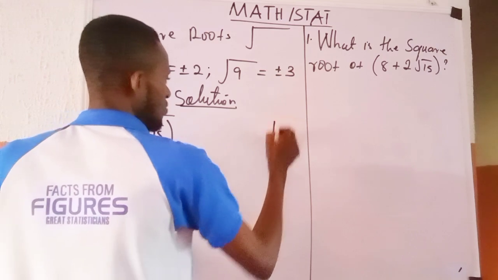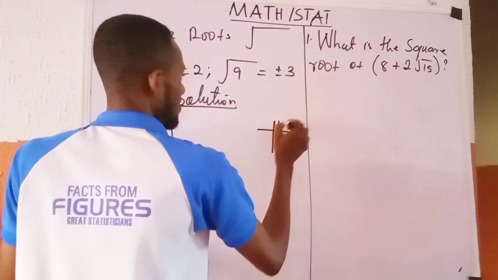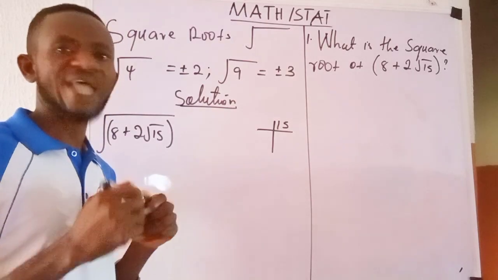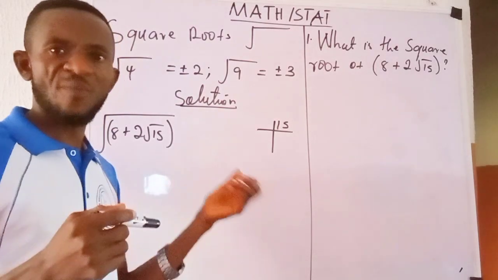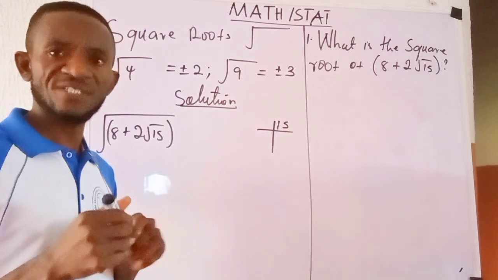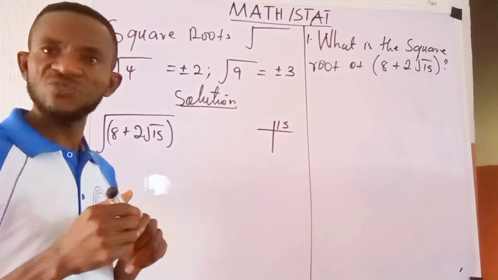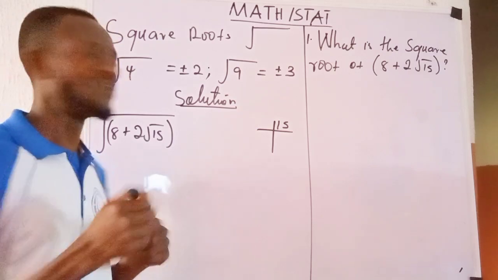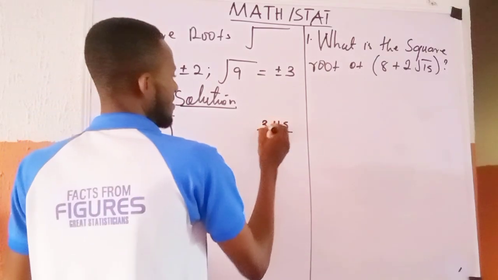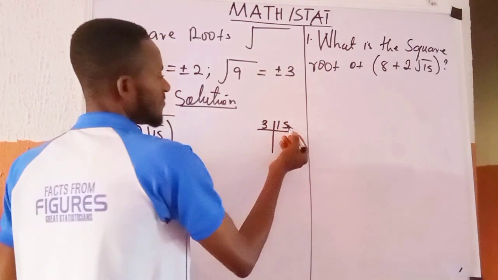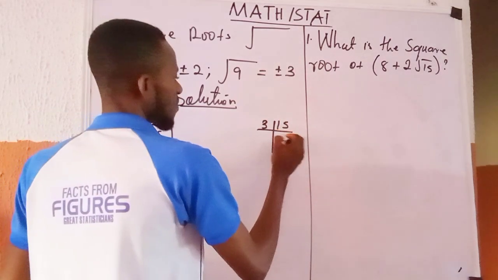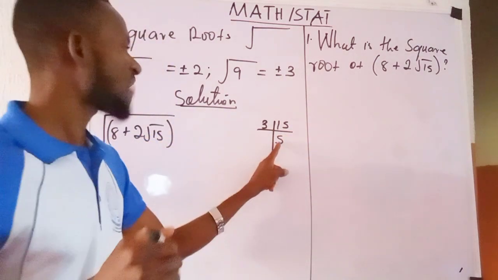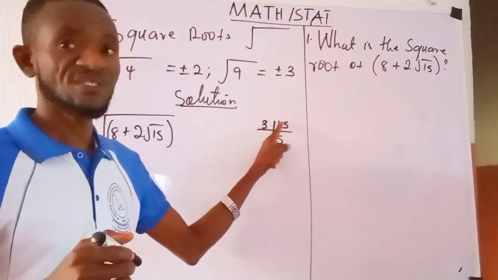Aside from 1, what is another number that can divide 15 without remainder? That number is 3, because 2 cannot divide 15 without remainder. So if you write 3 here, 15 divided by 3 will give you 5. So by implication, 5 times 3 is 15.